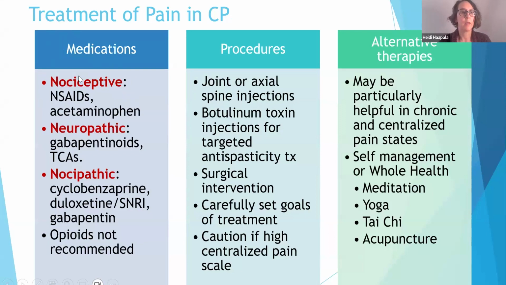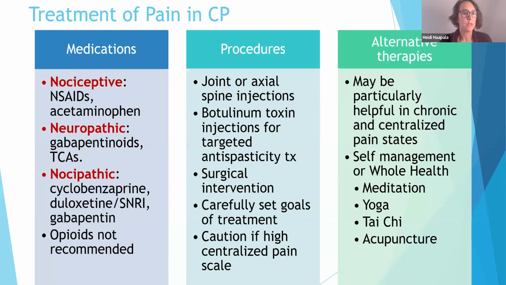So if we have nociceptive pain, NSAIDs like ibuprofen or Aleve, things like that, or naproxen work well for musculoskeletal pain, or even acetaminophen, which the brand name would be Tylenol. Neuropathic pain, or pain from nerve damage: gabapentinoids, like gabapentin or Lyrica, sometimes tricyclic meds, although those meds have so many side effects, we rarely use them anymore. Those can be helpful for nerve-related pain.